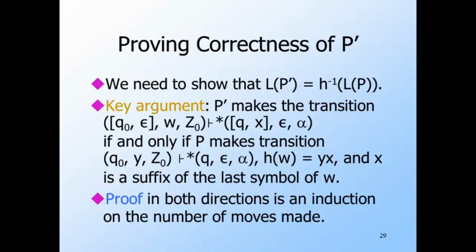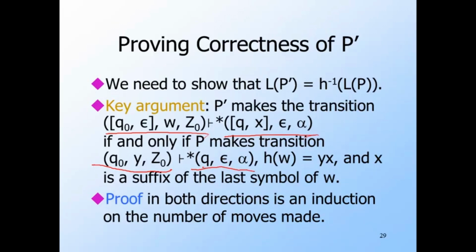It says that P prime goes from its initial ID with input X to some ID with state Q of P, buffer contents X, W consumed from the input, and alpha on its stack, if and only if, first of all, P goes from its initial ID with input Y to an ID that has state Q, input Y consumed, and alpha on its stack.